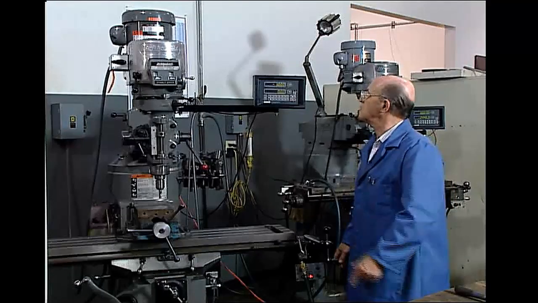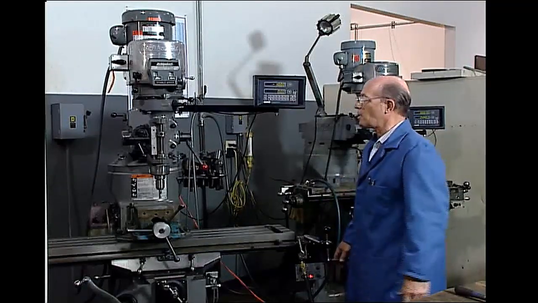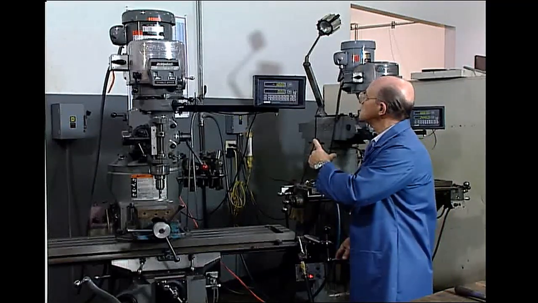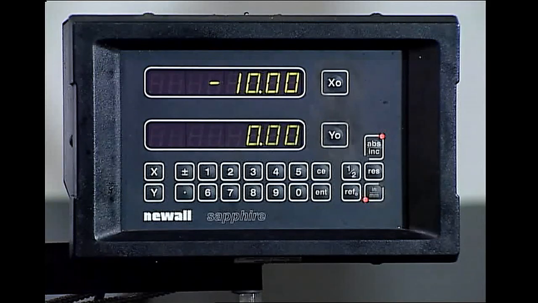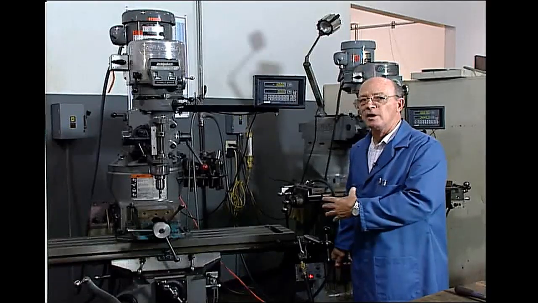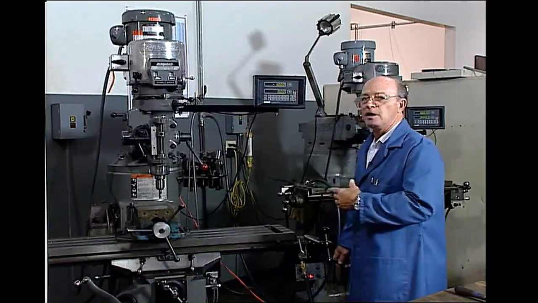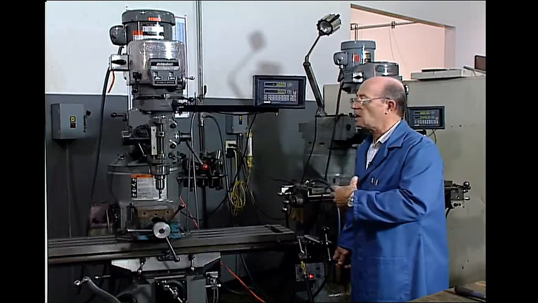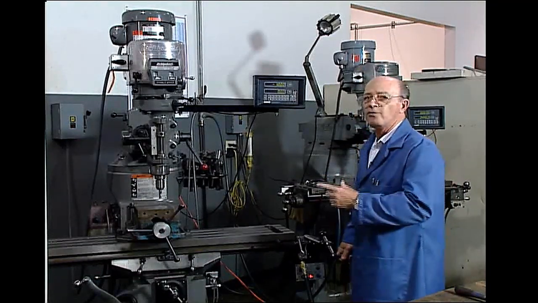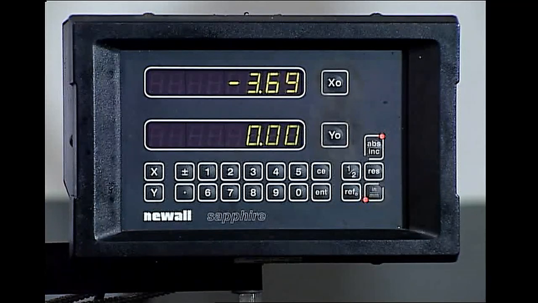This is a milling machine, and it has a digital readout on it, and it's set at minus 10 millimeters. Now we're going to move positive 50 millimeters. Now count with me the millimeters in tens as I move this table 50 millimeters. This is 10. Now notice when it switches from the minus to the positive, there's no positive sign on there.